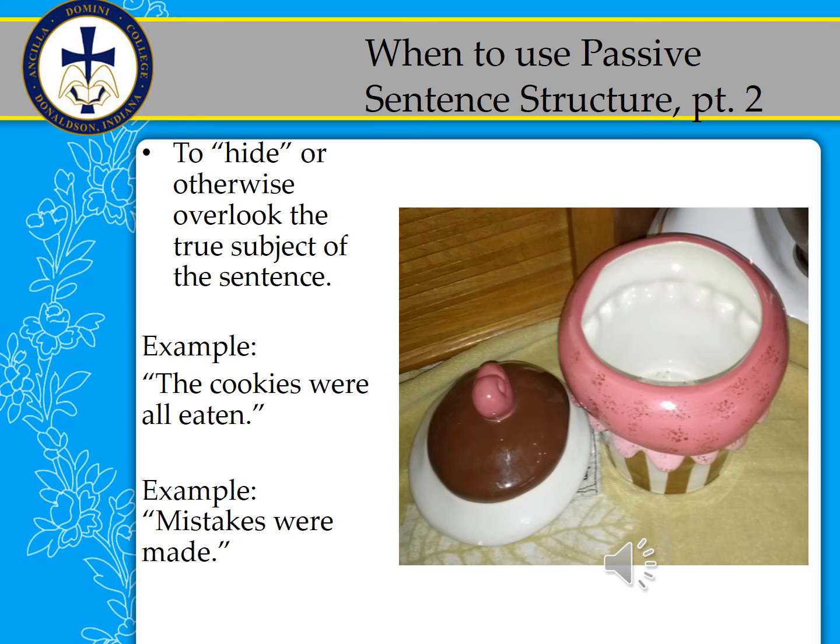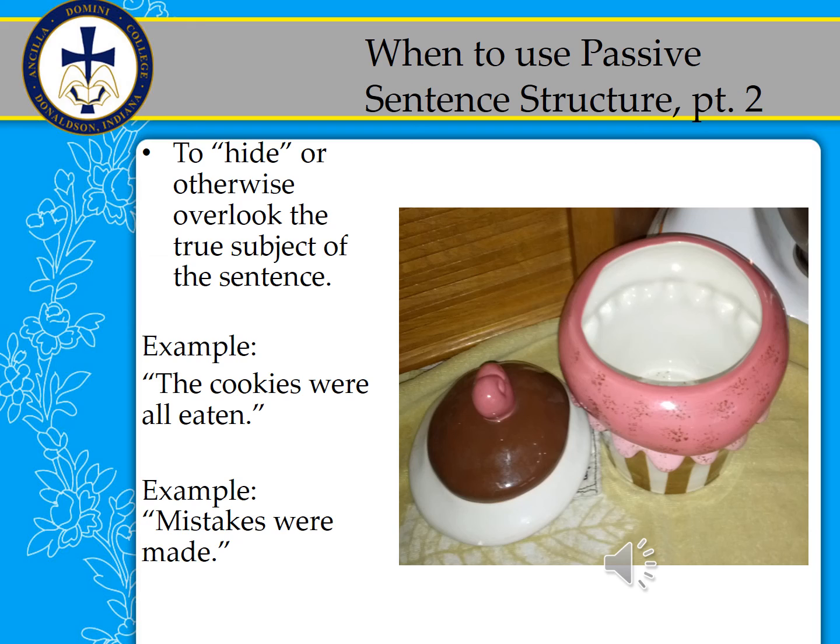They like to be sort of greasy and not include very important things that we might need to see in order to know who actually did something. The passive sentence structure gets used to get the message out there, but without the doer actually included. So, for example, the cookies were all eaten. Well, who ate the cookies? We have no idea. That's not even in the sentence.